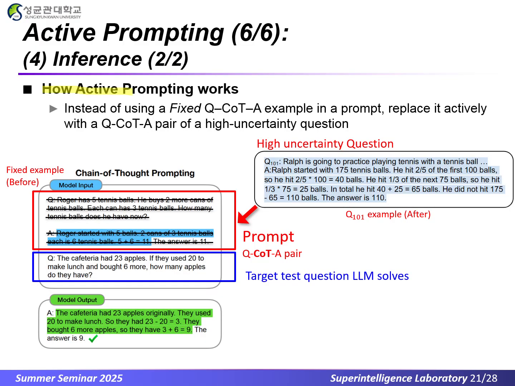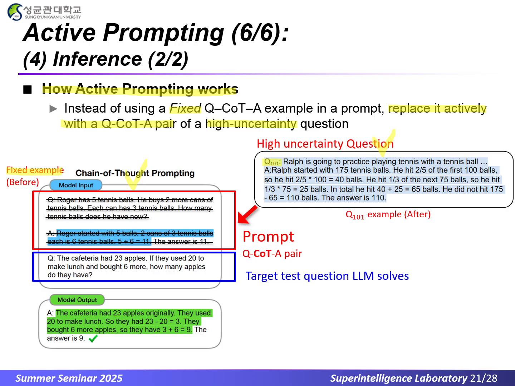Then, how active prompting works. Instead of using a fixed QCOTA example in the prompt, we actively replace it with a QCOTA pair built around a high-uncertainty question. In standard COT prompting on the left, you always add the same fixed example no matter what you're asking. With active prompting on the right, we swap in a human-written COT example for the question Q101, the one the model found most uncertain.